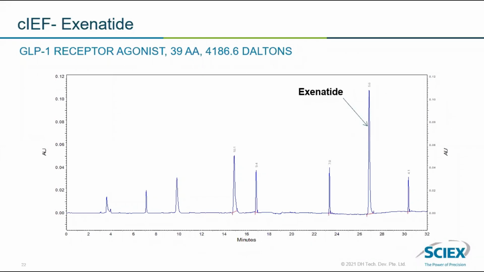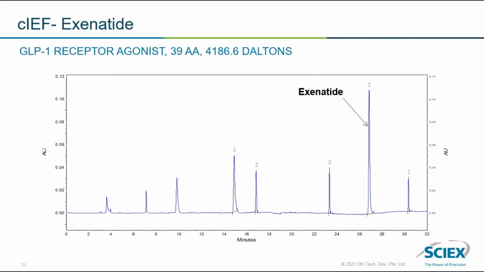What we have done is we took the exenatide standards and ran them with the CIEF method. We also spiked in five different PI markers to calculate the exenatide PI value. On the left-hand side, you can see the PI markers, which are denoted as 10.1, then 9.4, 7, and 4.1.